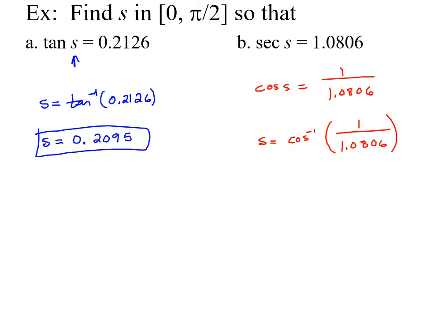So I'll do second cosine of 1 divided by 1.0806, close that off, and I'll get an angle S of 0.3887 if we go to 4 decimal places.